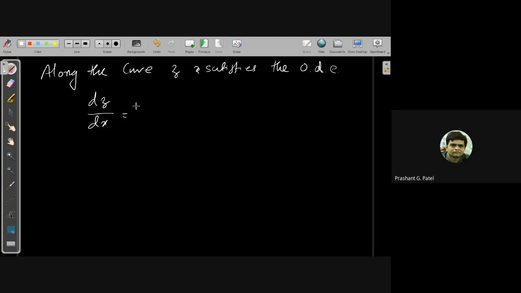As per the formula, z is a function of xy and y is a function of x. So you have del z by del x into dx by dx plus del z by del y into dy by dx.